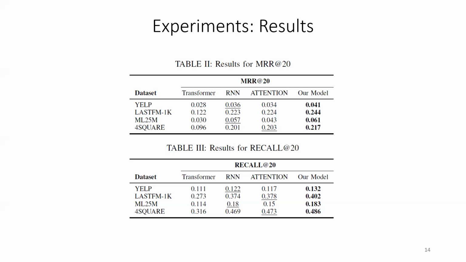And then we have a GRU network that is also fitted with an attention mechanism. And as can be seen, our model outperforms all of these models on all the data sets, which proves its efficacy.